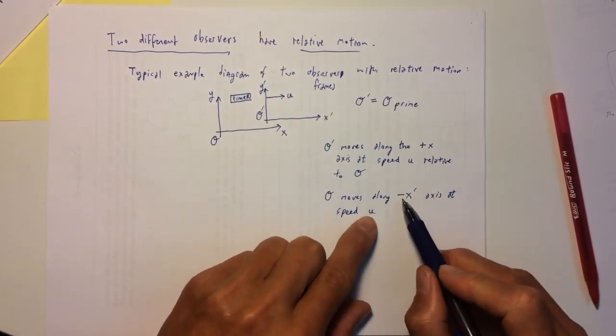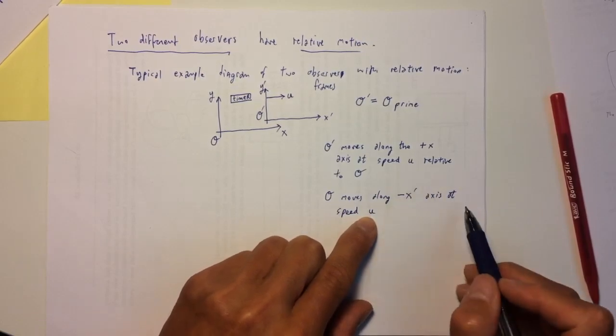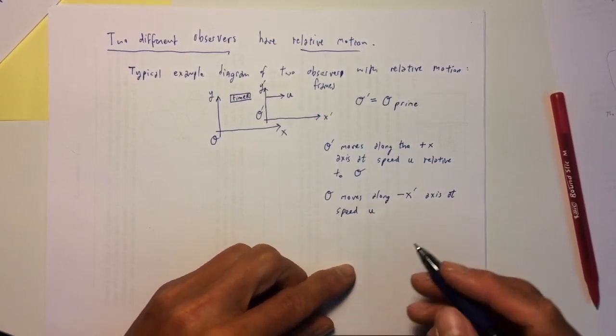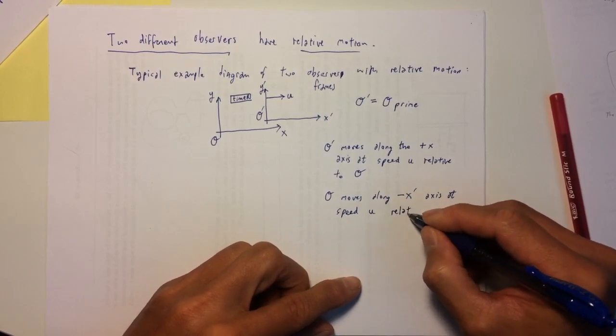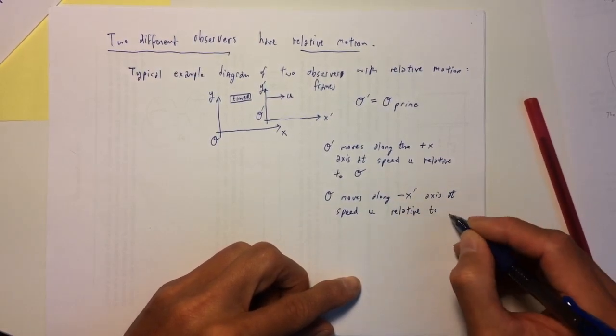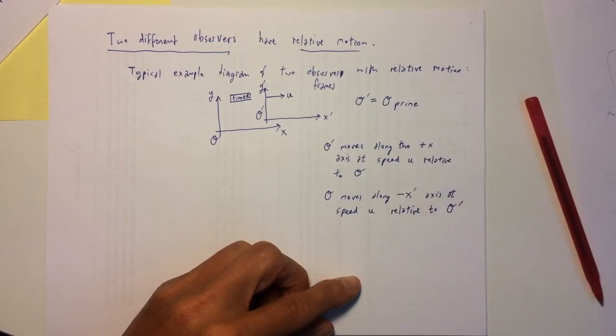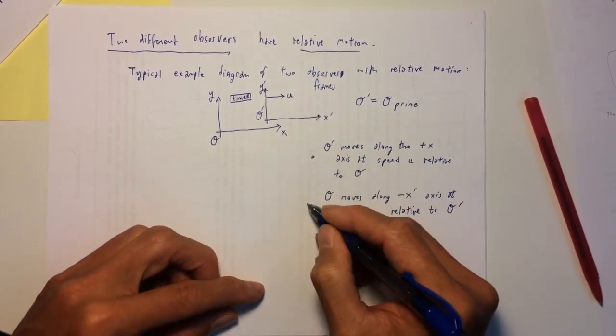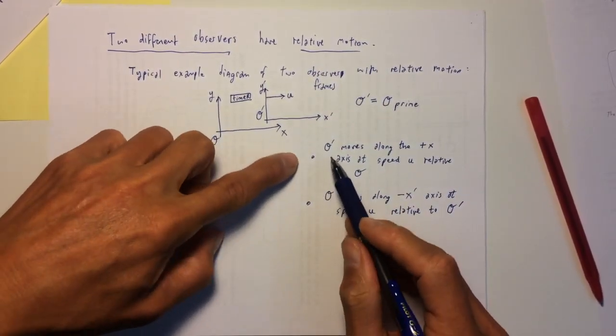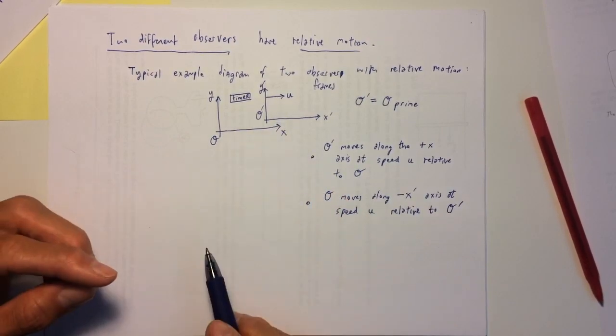It moves in the opposite direction, but at the very same speed u. This is the relative motion of two observer frames.